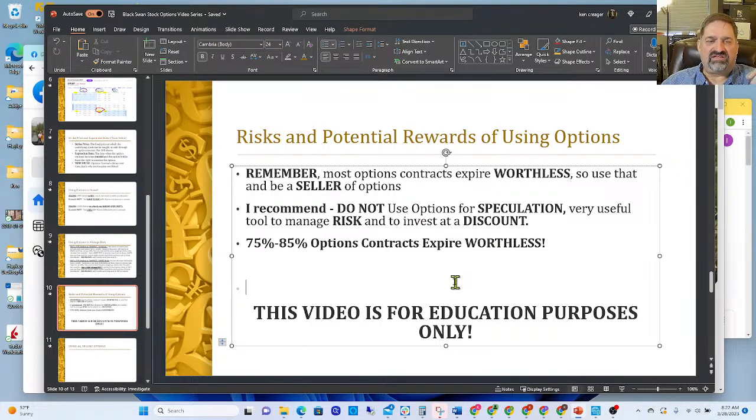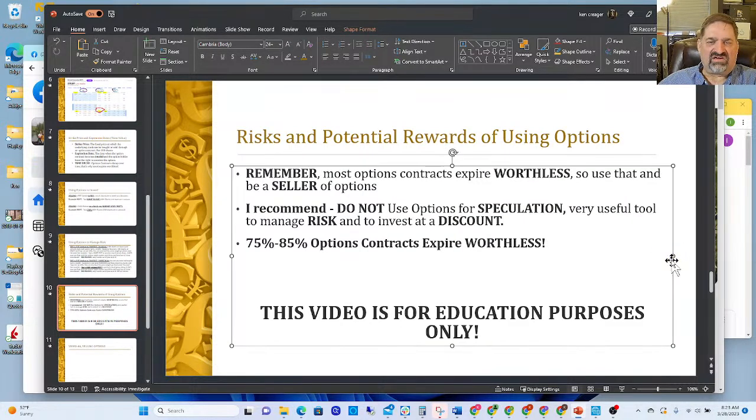And so usually the sellers are winners much more than the buyers. And I don't recommend using options for speculation, which is the meme crowd. And that's how some of those guys were making lots of money really quickly and losing lots of money really quickly, is they would buy a call option on AMC or whatever, and the price would move.